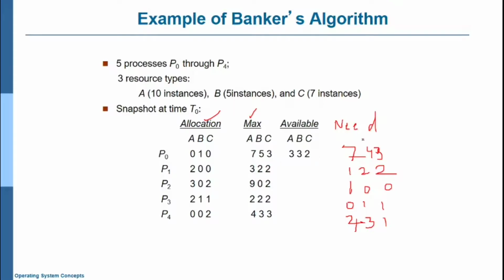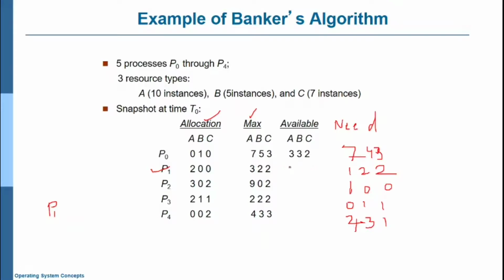So the available for this is here. P0 needs 7 4 3, so P0 is not executed first. P1 needs 1 2 2, and we have 3 3 2, so we can satisfy P1. So in the safe sequence you write P1 first, and when it is allocated you release all its resources to the available.